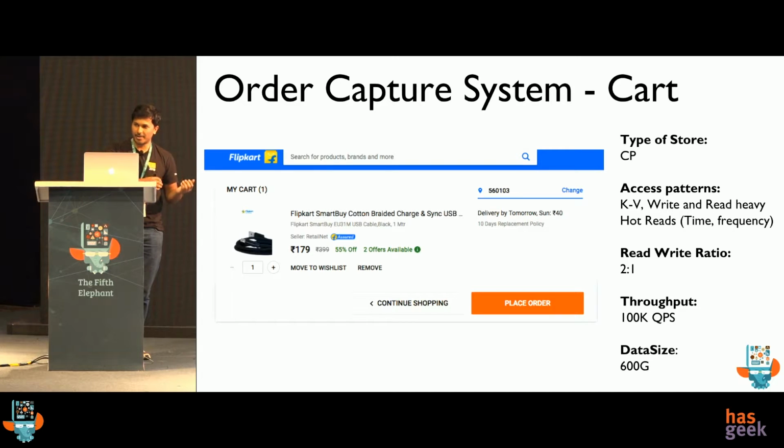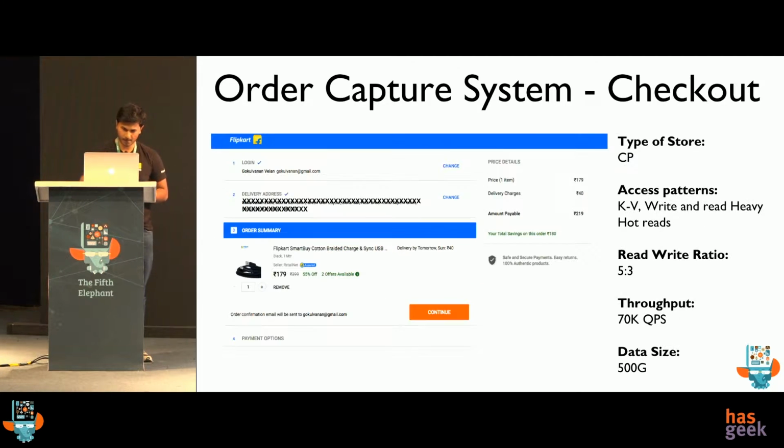Usually it's when you add some items to cart, you really want to look at it. You probably want to change your PIN code or you want to change the quantity. That also brings to the next interesting part, that the reads are hot reads. You're not really reading something that is very stale. The read-write ratio for this system is like 2:1. We get about cumulative QPS of 100K, and the data footprint's around 600 gigabytes.